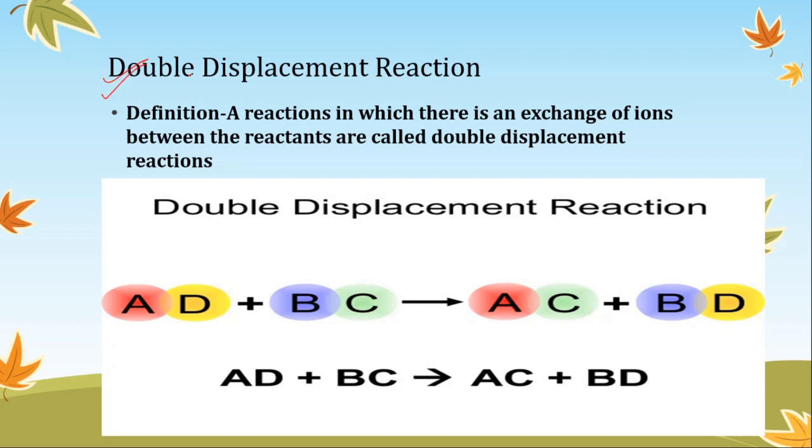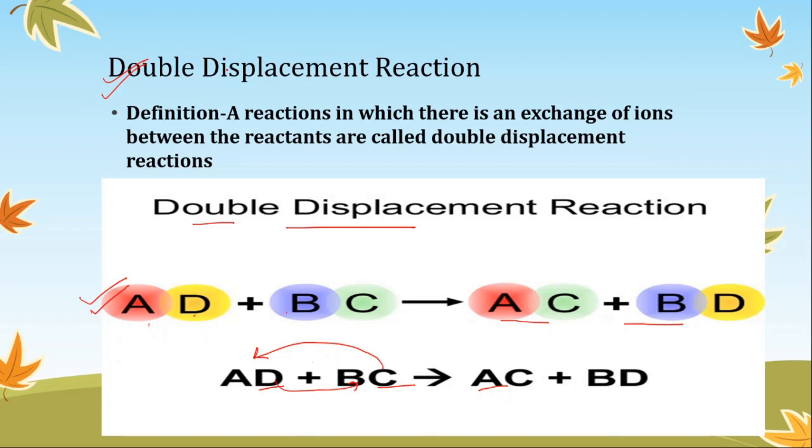Further we will be studying about double displacement reaction. So in a double displacement reaction, with the help of this figure, AD plus BC is going to give AC and BD. You can easily find over here that D and C are exchanged, they have exchanged their places, and now the new compounds are AC and BD.